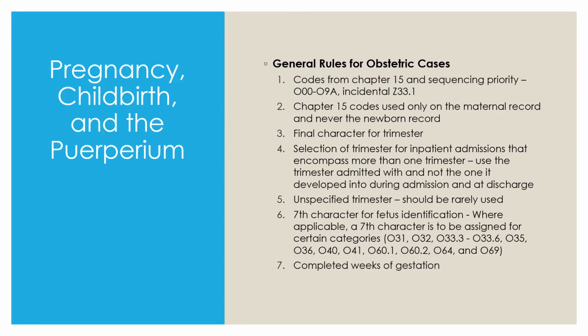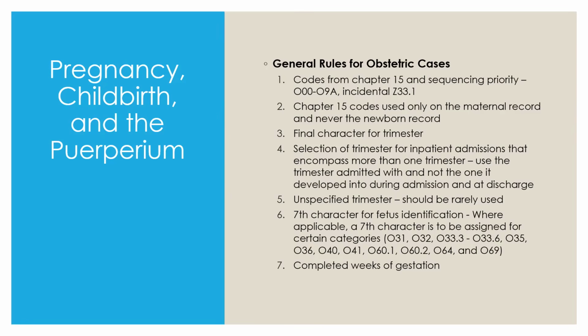Number 6, the 7th character for fetus identification. Where applicable, a 7th character is to be assigned for certain categories for O31, O32, O33.3 through O33.6, O35, O36, O40, O41, O60.1, O60.2, O64, and O69 to identify the fetus for which the complication code applies.